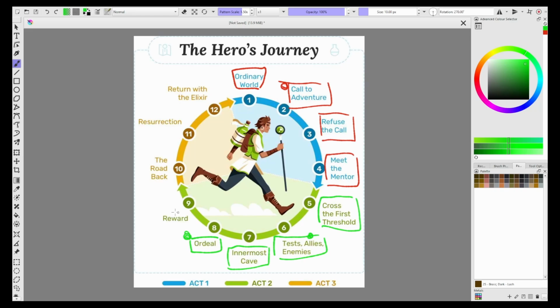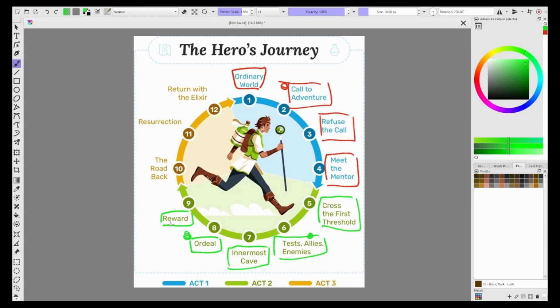Next, we have the last beat of Act 2, the reward. Now, a lot of the time, this would actually sound more like after the climax, they've defeated the enemy, and then the reward, they basically get the answer, they've reached their goal.